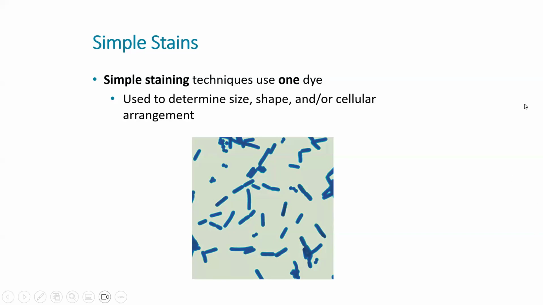For example, these blue cells, the longer ones, are going to be some decently sized bacilli. It looks like there might be some smaller cocci over here. So the bacilli are the rods, and the cocci are the circles.